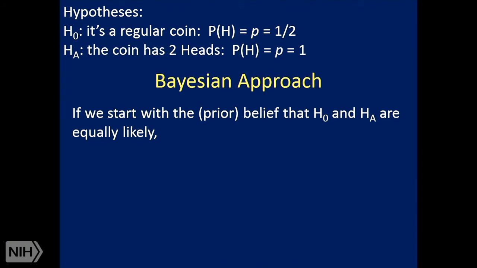So we start with the prior belief that H0 and HA, the alternative, are equally likely, because we said it was an equal chance. I hope you can read this, because I'm going to put lots of these little squares on the slide, so I had to make it small.